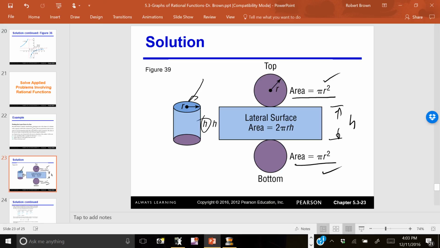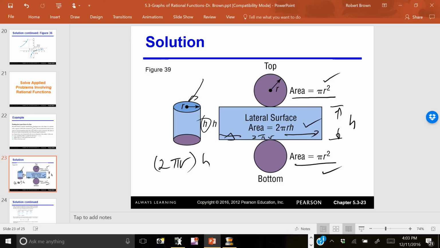If you took the sides and rolled them out, the length of that rollout would be the circumference of the can, which is 2 pi r. So the area would be 2 pi r times h, so it'd be 2 pi r h.